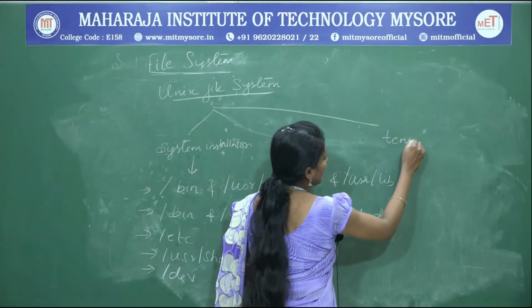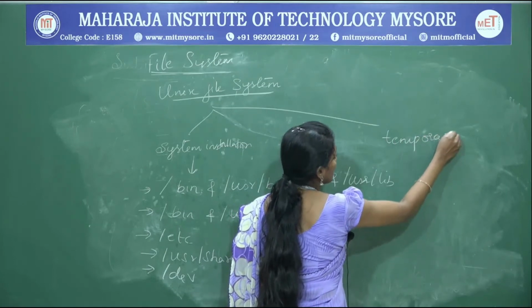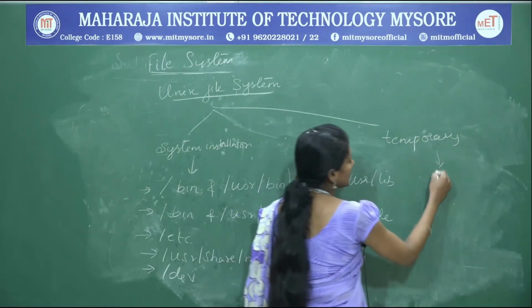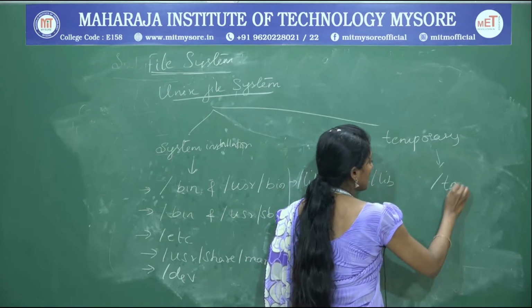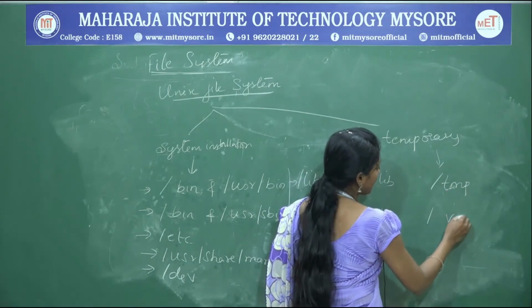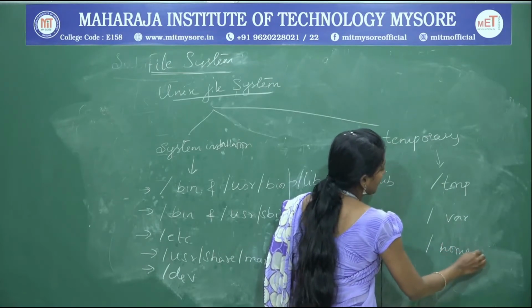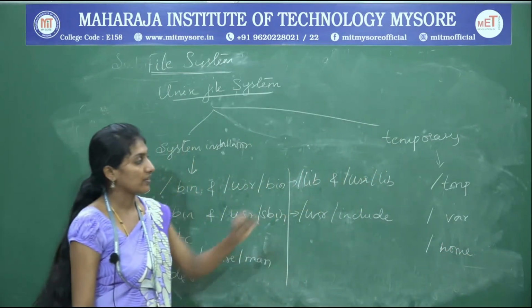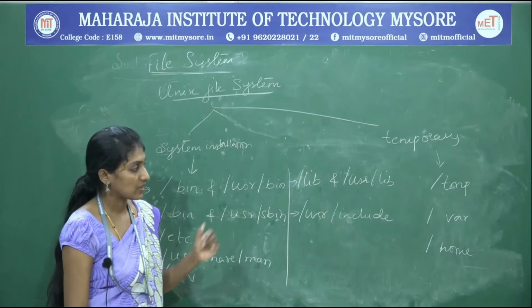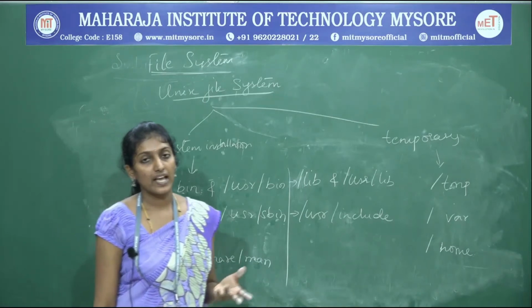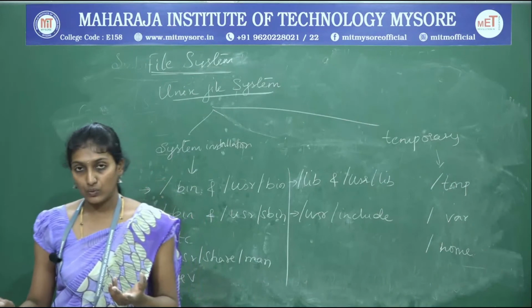Okay, so this is one of the categories, categorized from the administrator point of view. Next is temporary file. The second category of Unix system is temporary file. Within this we have the /tmp directory, the var directory, and next the home directory. All your temporary files will be stored under the tmp directory, whereas in var all your printable jobs and mailing content will be stored.